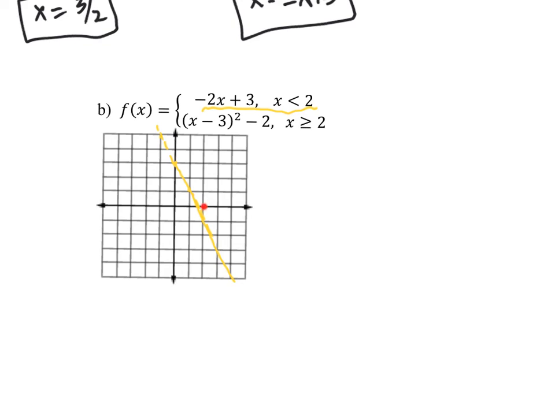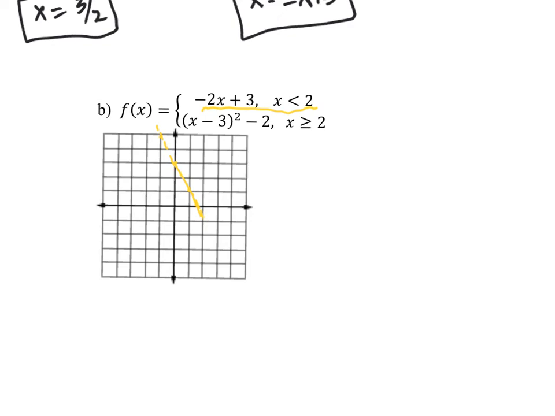So x is 2 is right here. This is the break-off point in my graph, and x is less than 2 is on this side. So I want to actually get rid of all the rest of my extra graph. So let's see, here's x is 2. Because I only want to include the graph that is less than 2.